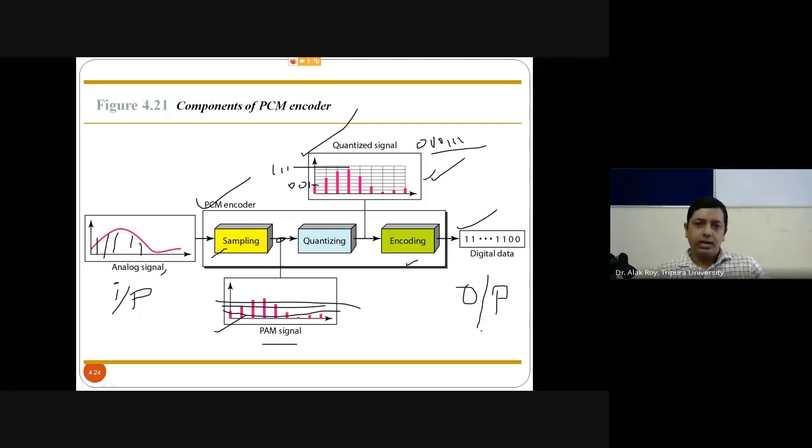So for each height, each peak, the nearest binary value will be taken and given as output in the form of digital data. In this way, it is able to convert analog signal to digital data, with the help of sampling, then quantizing, then encoding.